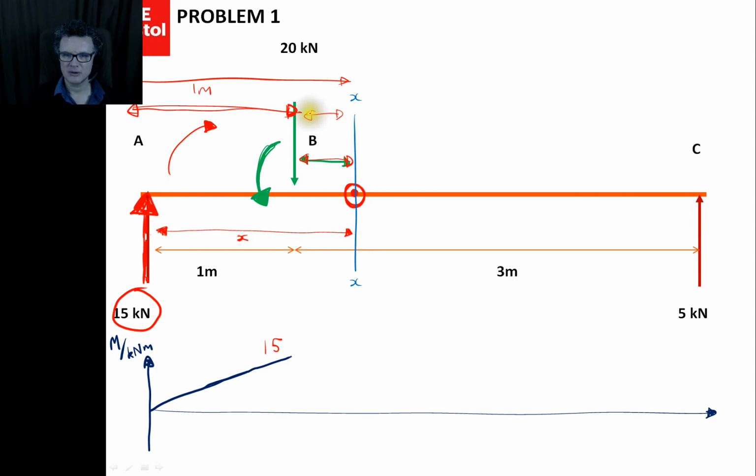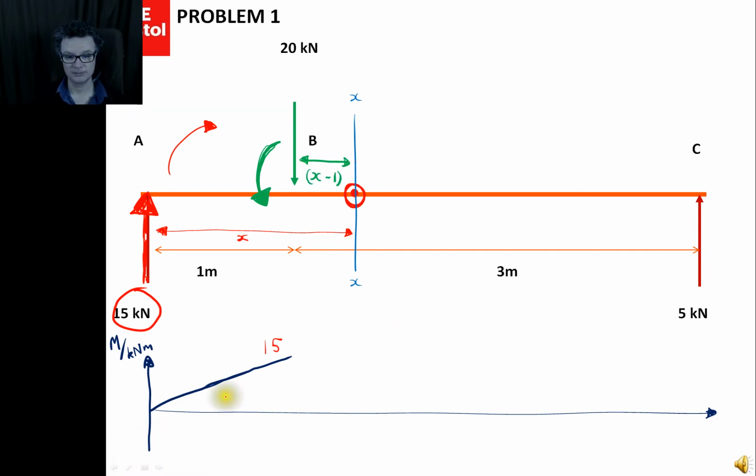So the distance from here to here is x take away 1, so x minus 1. Right, so x minus 1 will be the distance to that force. Now that force is going downwards, and we've decided in our convention that's going to give me a negative moment.